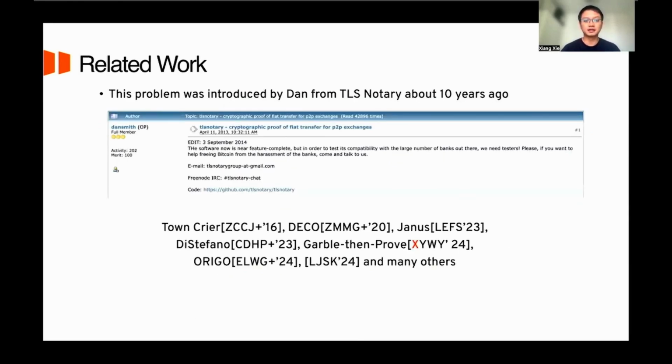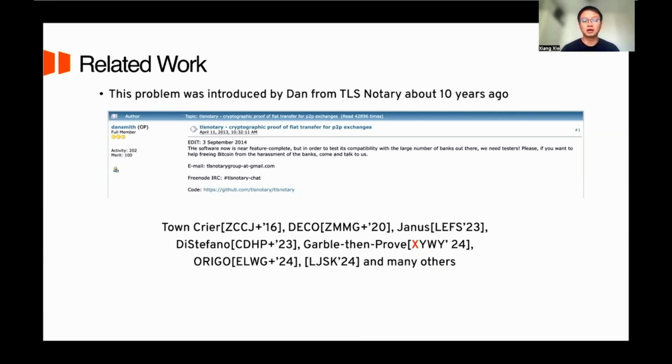One thing that is interesting is this problem was actually introduced by Dan from TLS Library about 10 years ago in a Bitcoin forum, where they were thinking about proving fiat transfers for P2P exchange of Bitcoin.